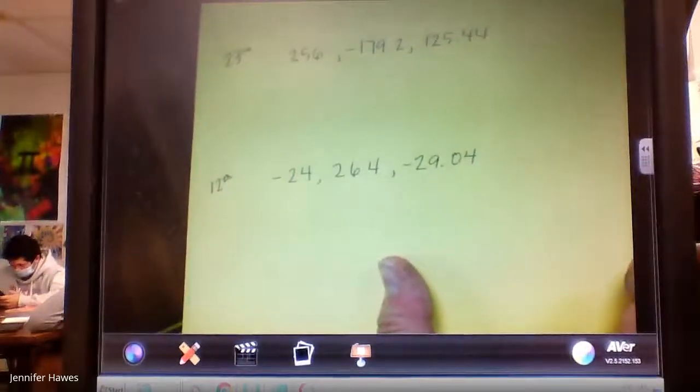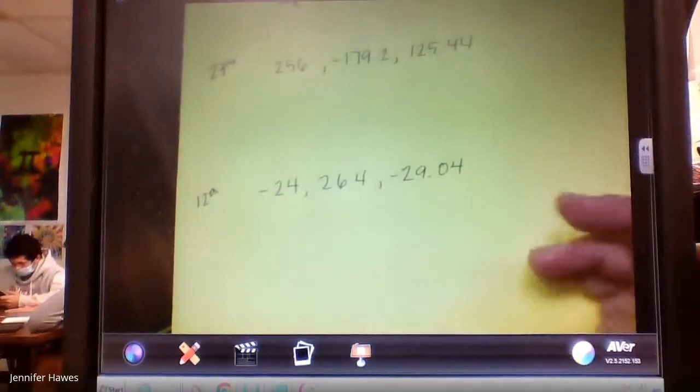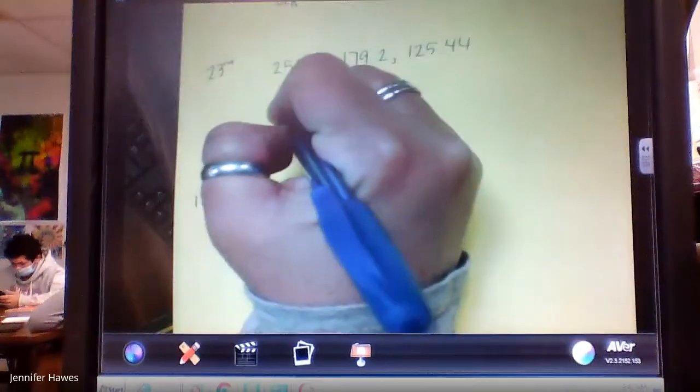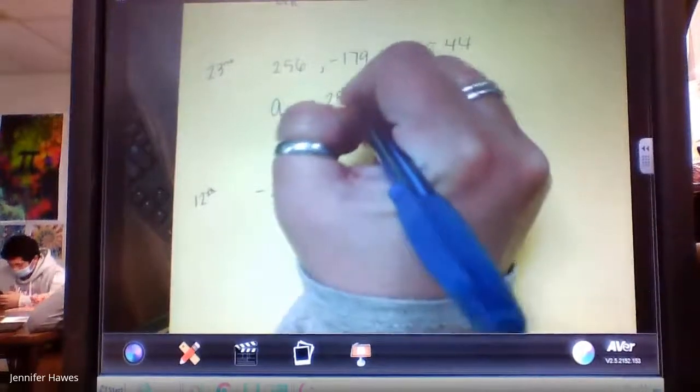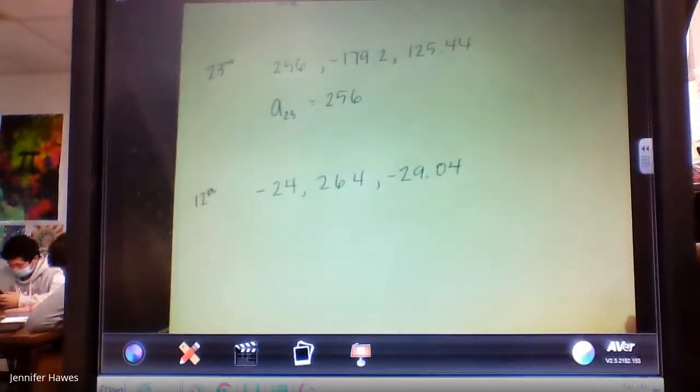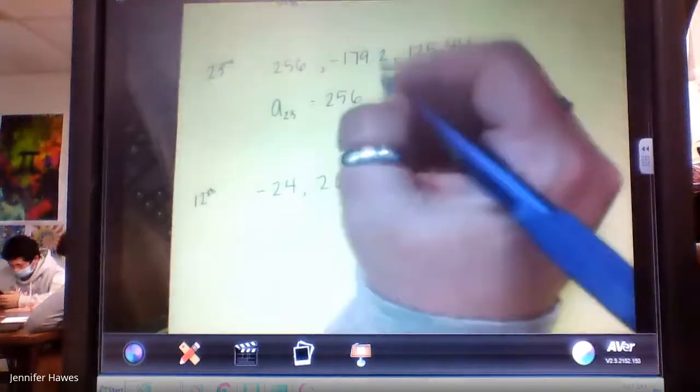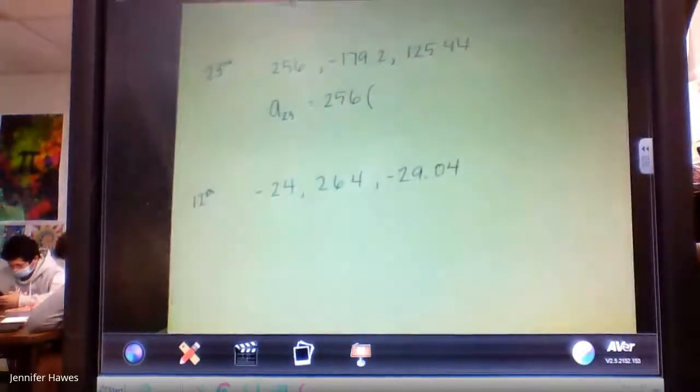Okay, so if I'm looking for the 23rd, the first term is 256. So what is your common ratio? What am I multiplying by each time? So like I said, if you take one term and divide it by the one just before it, what do you get?